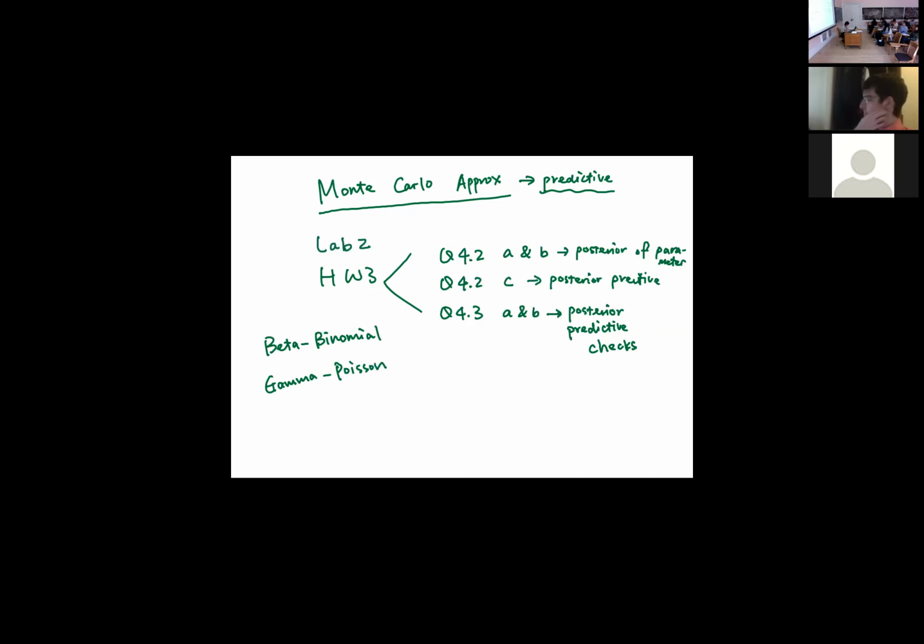When you're just doing posterior of the parameter, you stop at just the posterior of the parameter itself, right? Yeah, so if you know what the distribution is, we're saying that, okay, you can actually use Monte Carlo approximation to sample independent samples from it and then summarize from there. So if you know the exact already, probably doesn't make too much sense to do the Monte Carlo approximation.